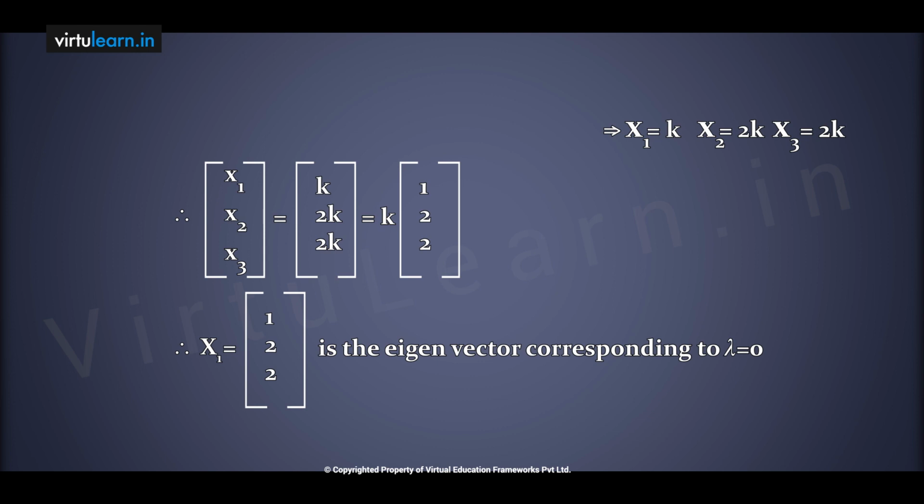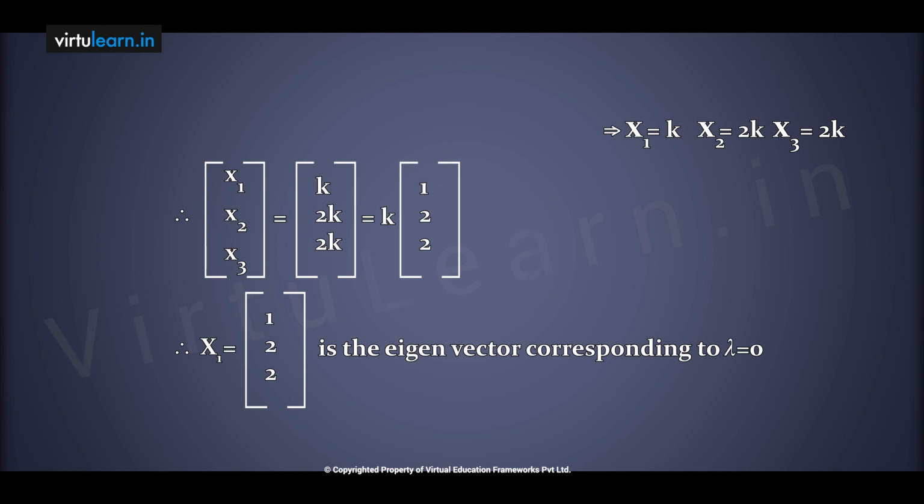Suppose if you put k equal to 1, that is the first eigenvector, k equal to 2, another eigenvector, k equal to 0.1, another eigenvector. Means corresponding to one eigenvalue we are getting many eigenvectors. Therefore, x1 equal to 1, 2, 2 is the eigenvector corresponding to lambda equal to 0.